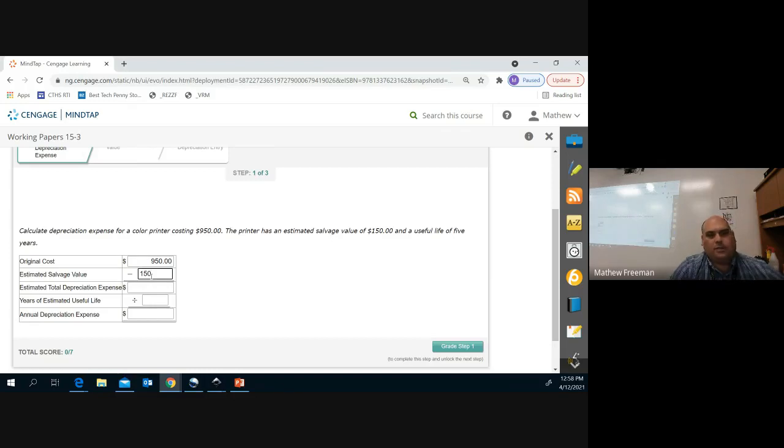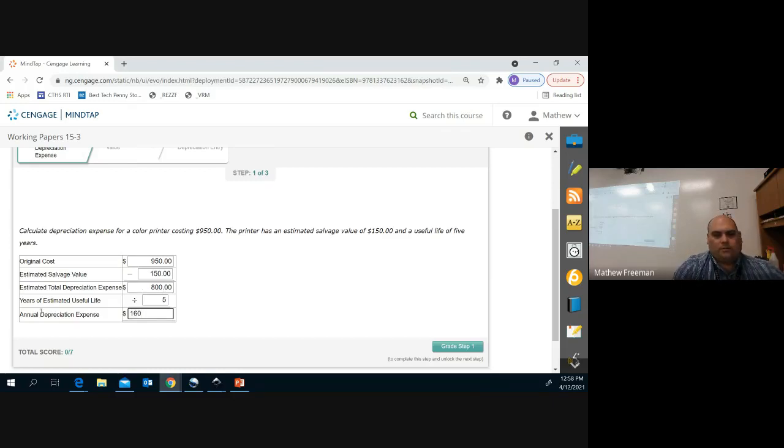When we sell the printer, we want to get $150 back for it, because we're not going to use it more in 5 years. So we subtract that, and it's $800. Then we divide it by 5 years, because that's how long we expect this printer to last us. And so 800 divided by 5 is $160 a year.